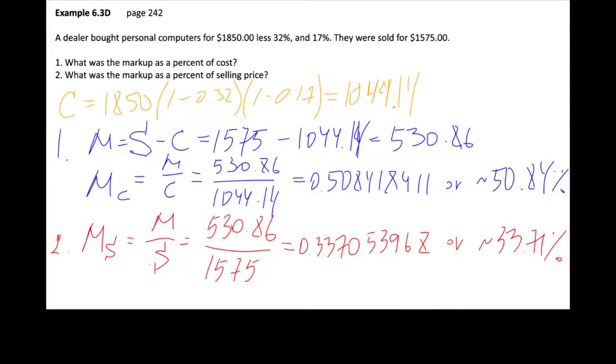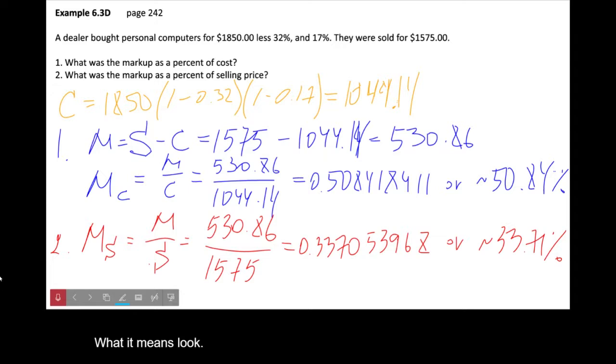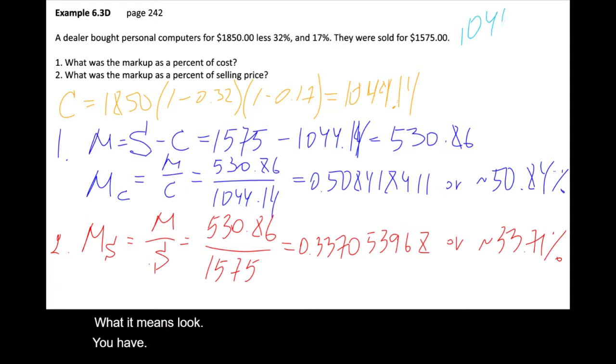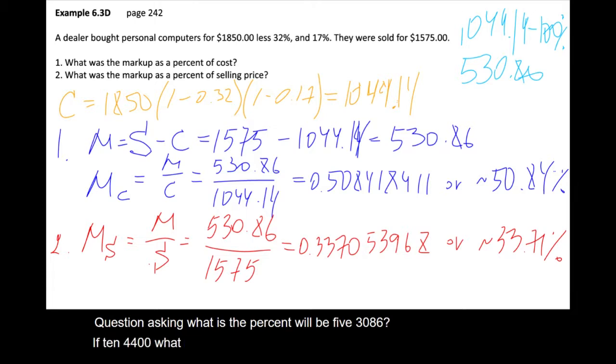Yes, what does that kind of mean? Like the markup as a percent of cost. I get that it's the markup as a percent of cost, but what does it mean in words? Look, you have 1044.14, that's 100%, right? Yes. The question is asking, what percent will 530.86 be? If 1044.14 is 100, what is 530?